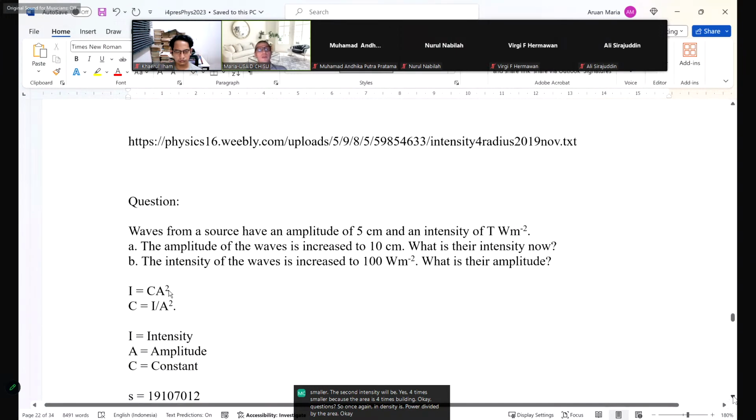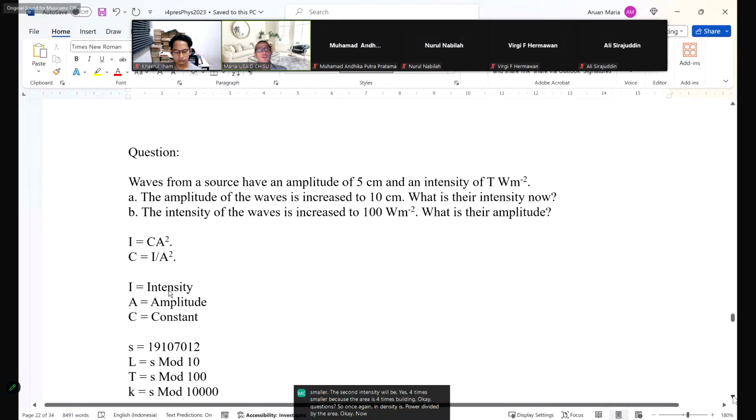Okay. Now, another question. Waves from a source have an amplitude of 5 centimeters and an intensity of T watts per meter squared. That's the intensity, right? The amplitude of the waves is increased to 10 centimeters. What is the intensity now? Okay, so the intensity is equal to some constant times the amplitude squared.